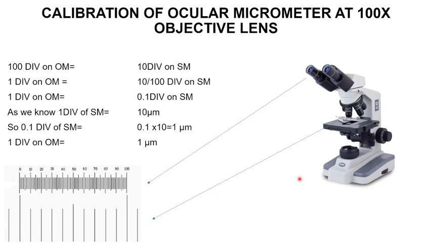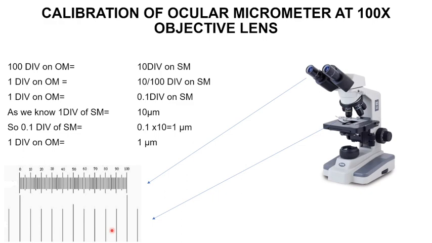Now the calibration of ocular micrometer at 100x objective lens. We will also follow the same procedure as followed in the previous three slides. This is the image for the ocular micrometer, and this is for the stage micrometer.